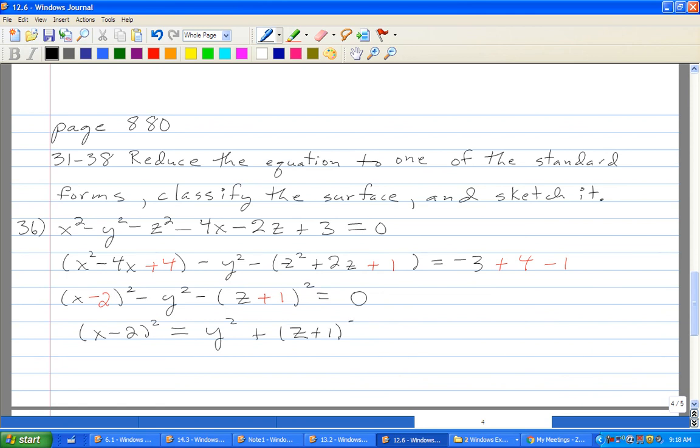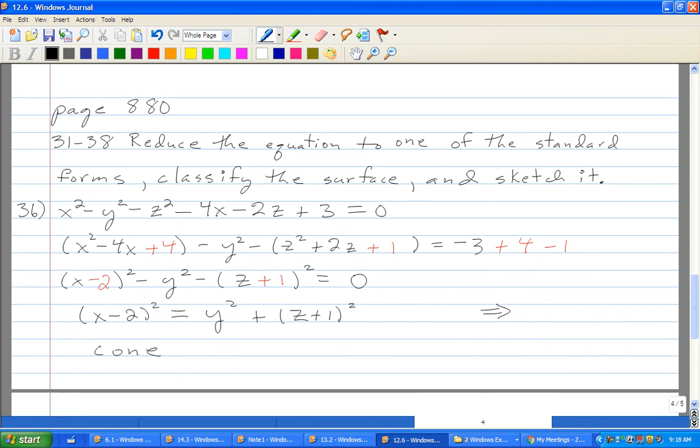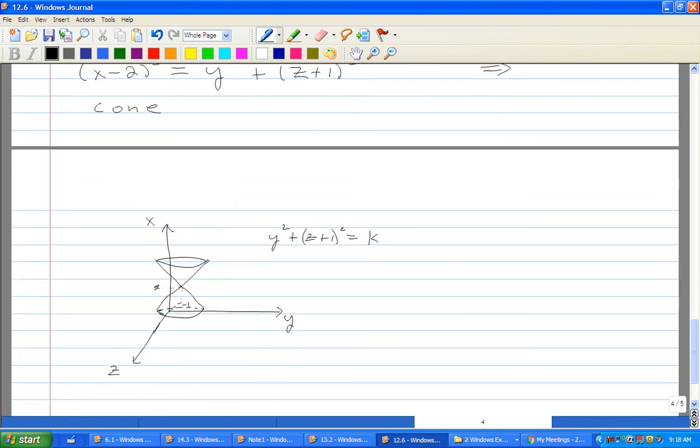And so we see that this is a cone. I have a difficult time drawing a cone other than in the z direction, so let me just draw it as if I rotated it.